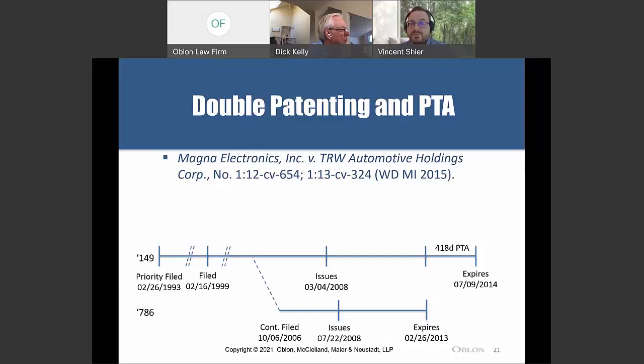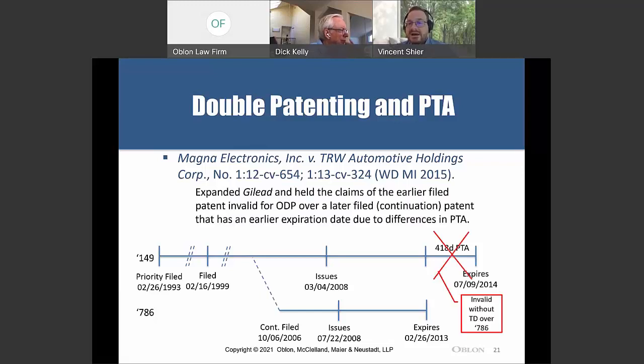And so the Magna Court, when this was decided in 2015, it was right on the heels of Gilead and AbbVie. And so not surprisingly, the decision focused extensively on the Gilead holding and said we have to look at the expiration dates, and cited many of the policy issues that would justify it, and said that Gilead would apply here.